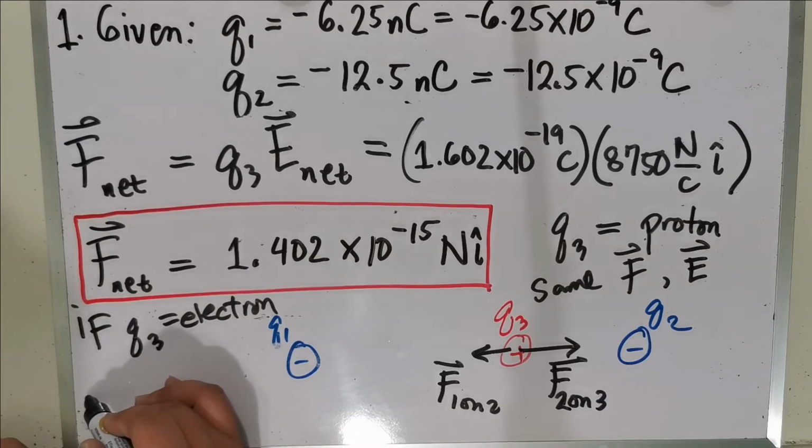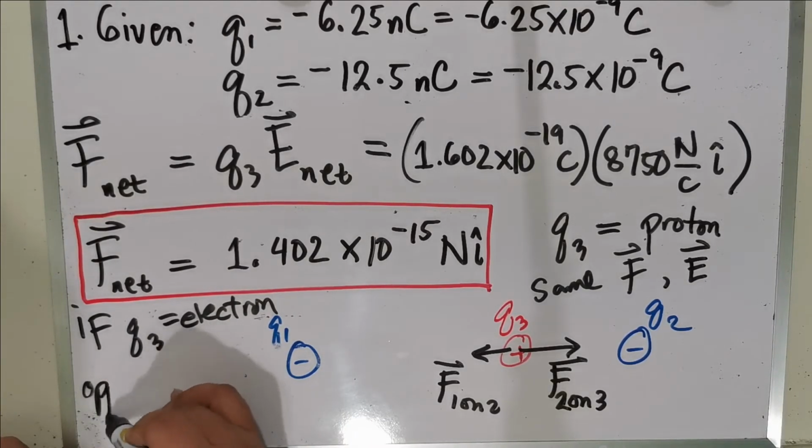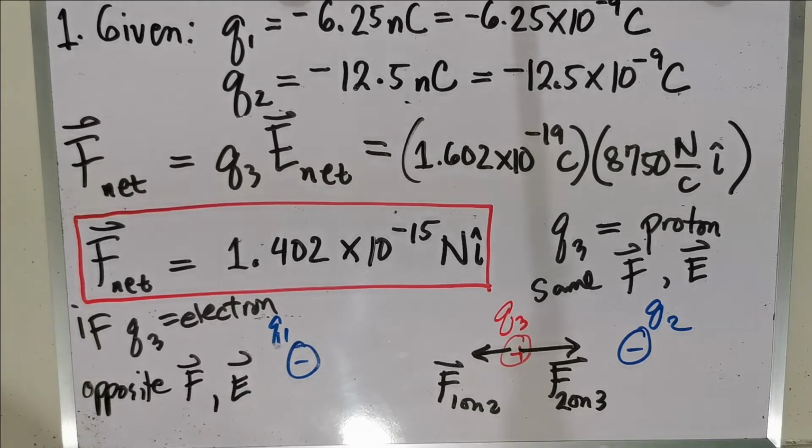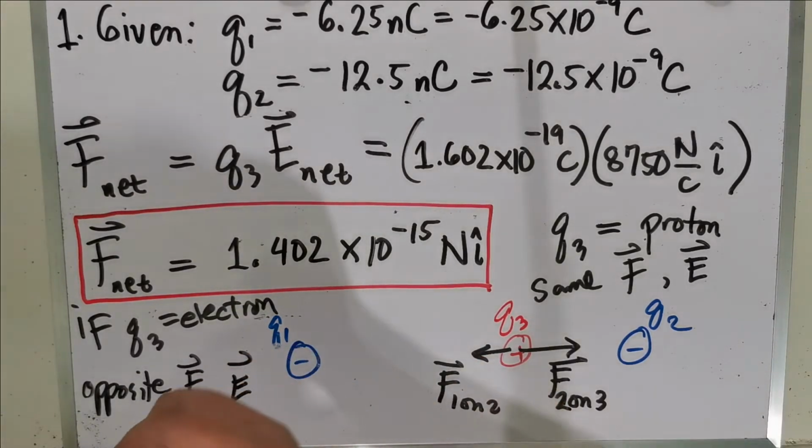So in that case, if Q3 is the electron, then your F and your electric field are opposite in this case. So that is all for number 1.